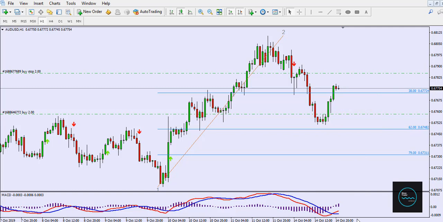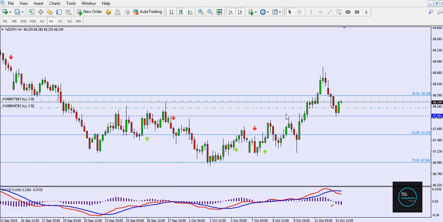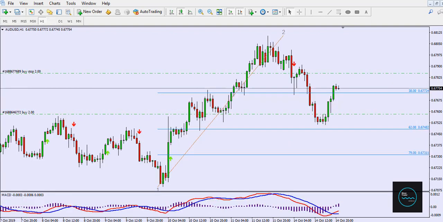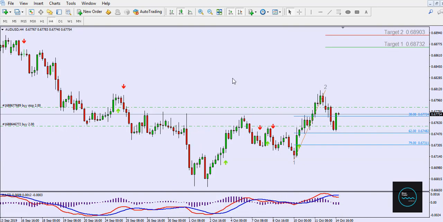I think the New Zealand Japanese yen is a market order, but for the Australian US dollar, this one, I decided to place a buy stop here, because since the market has resumed its upward move, I believe that it's going to fill me in and push strongly upward as from tomorrow. So these are the 2 trades I've taken so far.